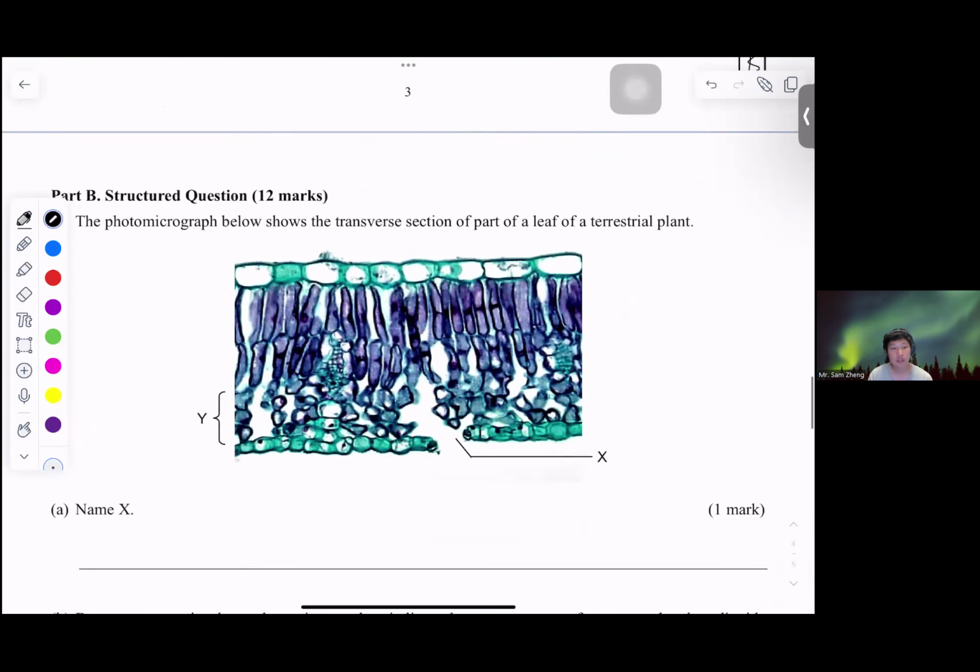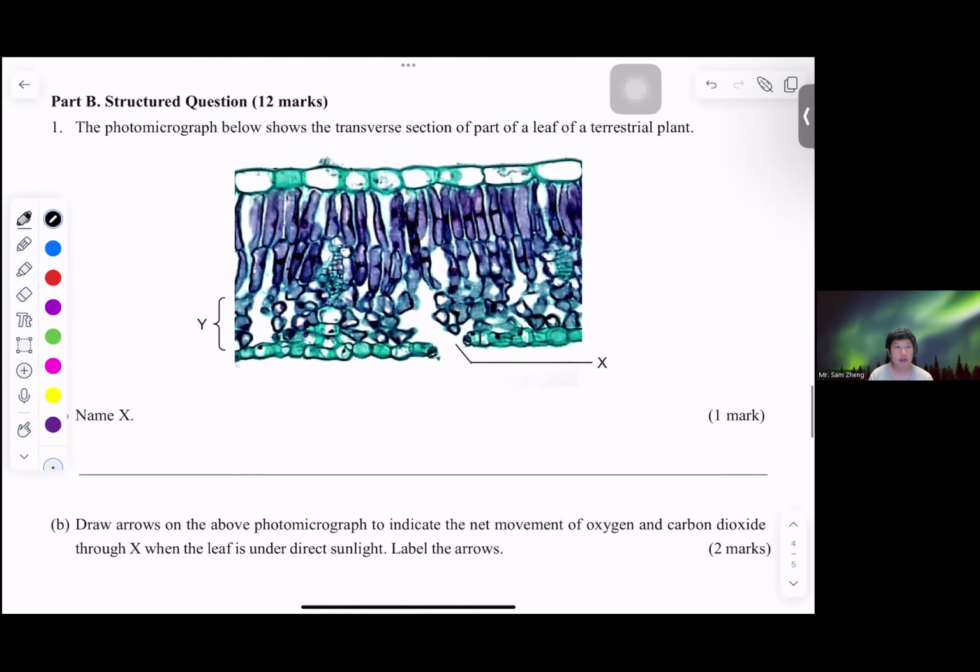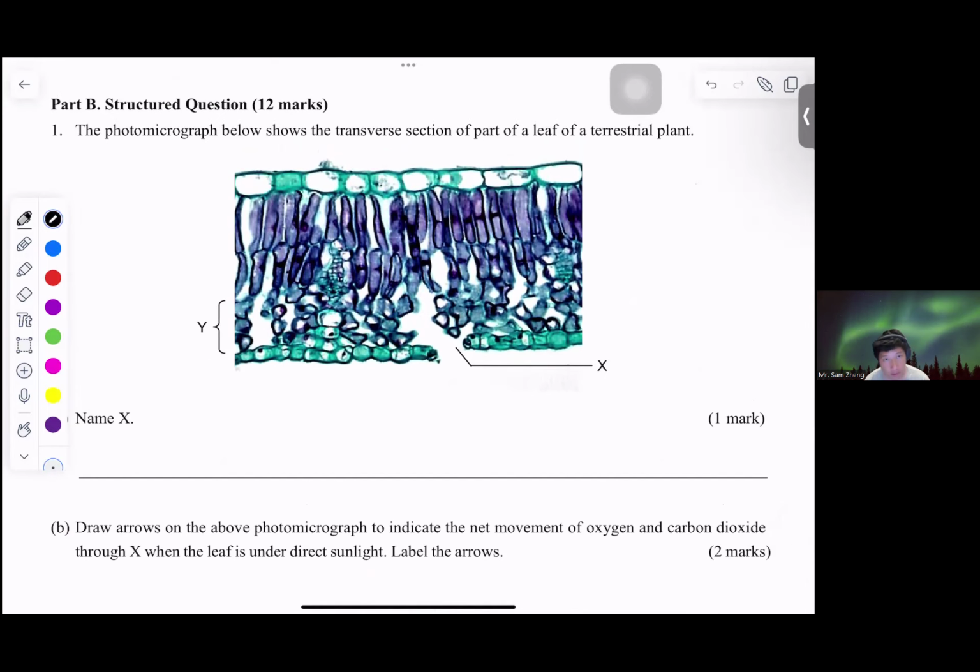Next, we move on to the structure question. For Y, this part tells us that it would be a tissue, which is the spongy mesophyll.